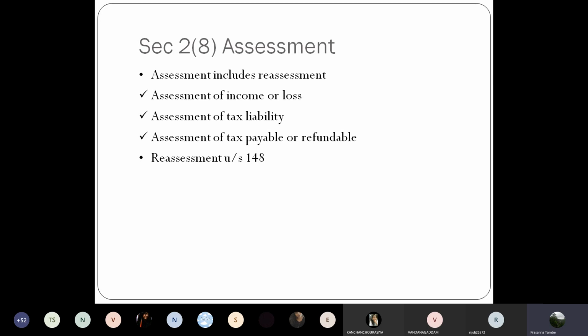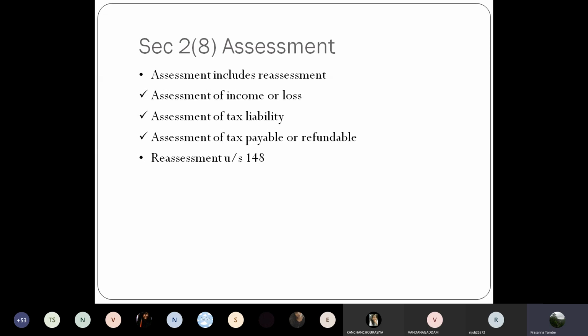Once you assess the income and his tax liability, the next step for the tax authority is to find out whether any further tax is payable by such person or any tax is refundable to such person. If he has paid excess tax, he will get some refund. So assessment of tax payable or refundable to such person, that is the next step of assessment.